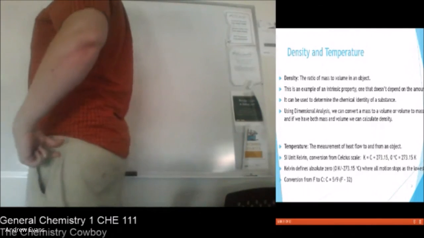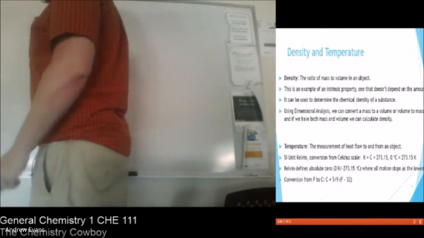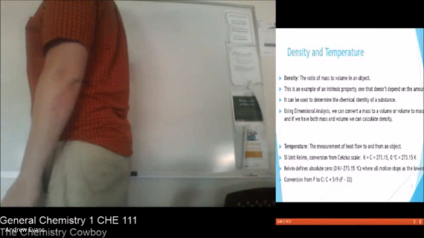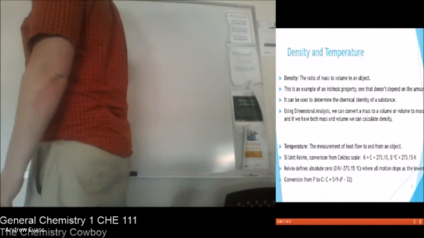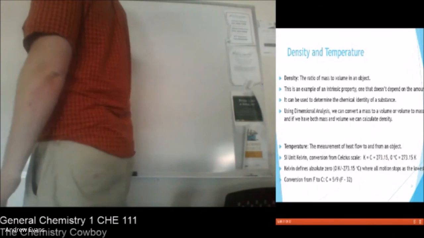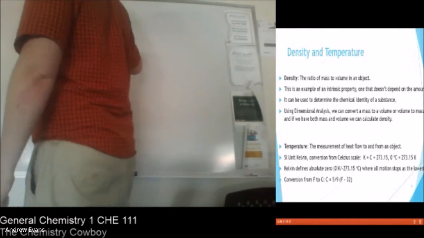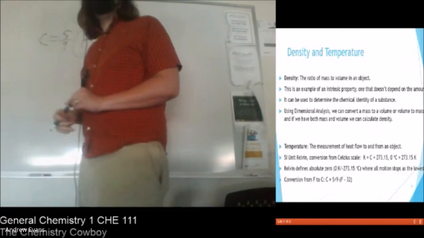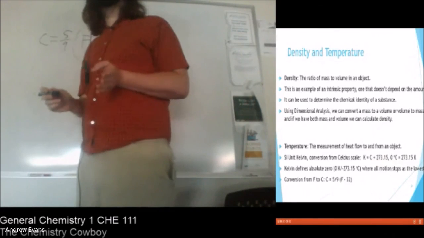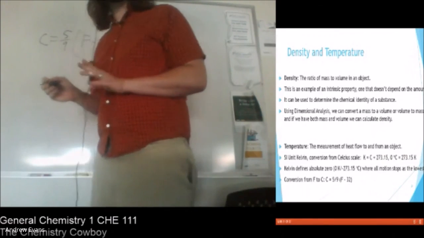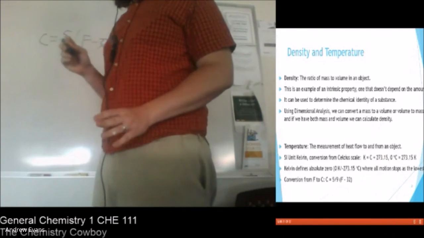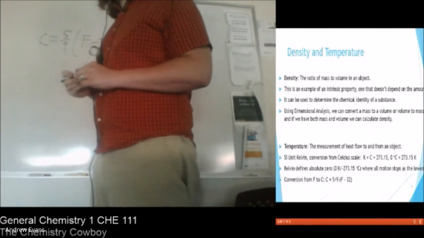We will have to be able to do things like this in class, or at least on homework. So we have Celsius equals 5/9 times (F minus 32). Isolate the F. First thing we have to do is remove that factor from outside the parentheses. How do we do that?